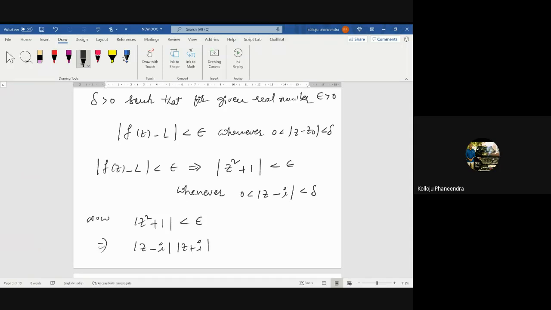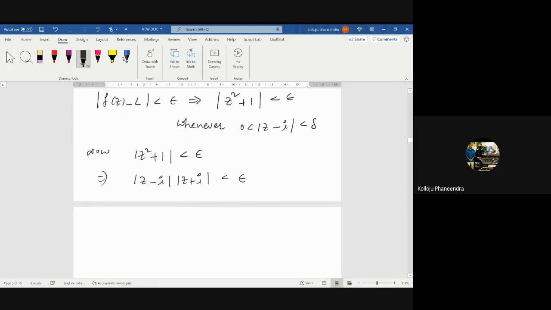Mod z minus i times mod z plus i less than epsilon, right? This implies I will write mod z minus i times mod z minus i plus 2i, less than epsilon.